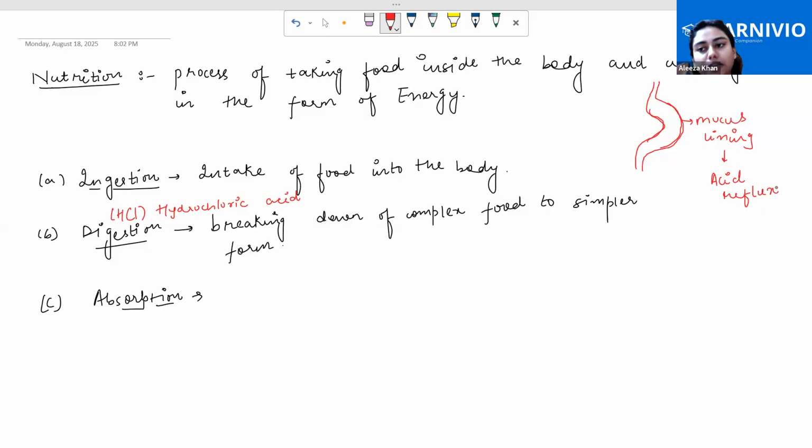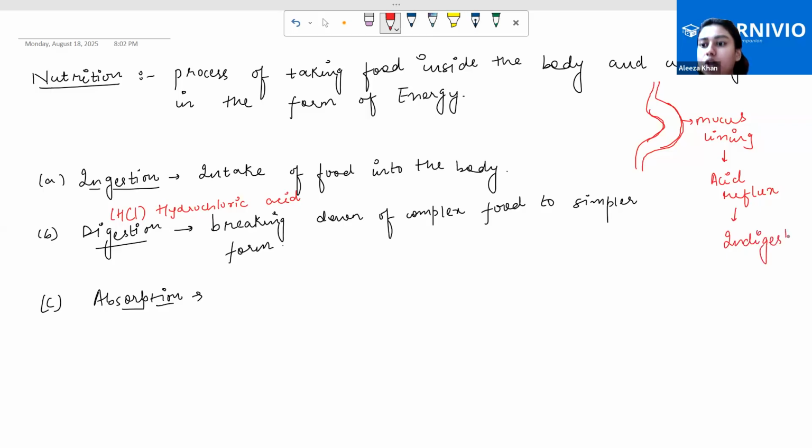We'll be discussing various parts of the digestive system, but from the stomach, if the mucus lining depletes, this acid will not completely come out of your body, but it will cause acid reflux, something which is coming back. Since it is present in your stomach, but due to the depletion of this layer, it can come up to the esophagus and cause indigestion.